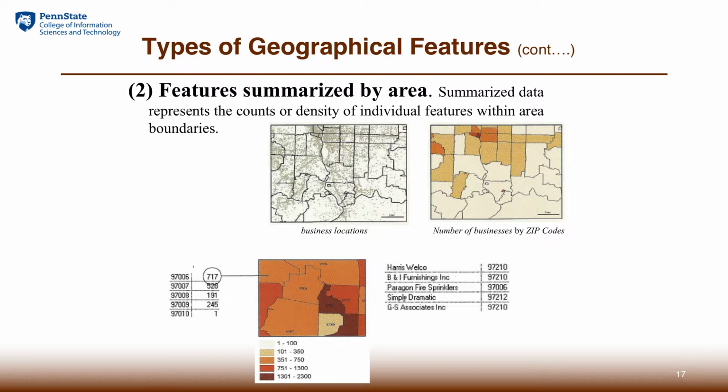On the other hand, the map on the right shows the count of the number of businesses in each zip code area. In this case, we no longer know the location of the businesses, but we only know their aggregated property.